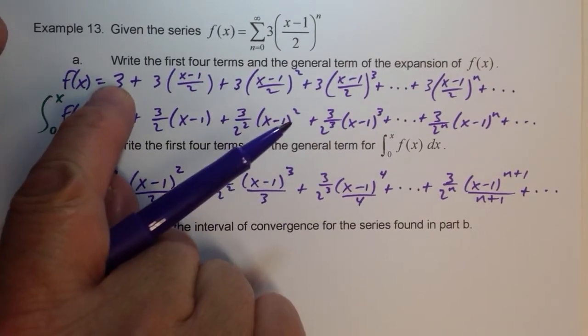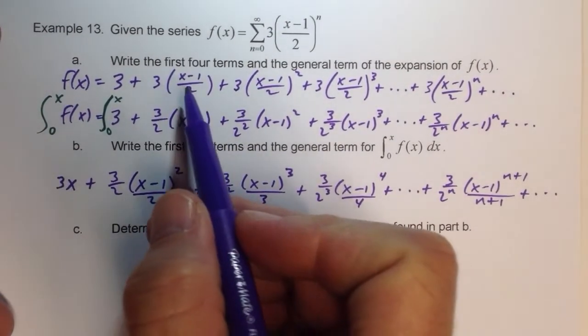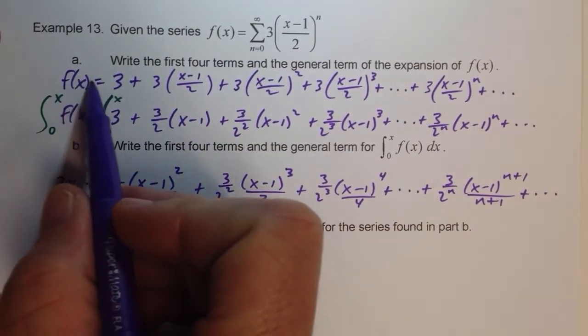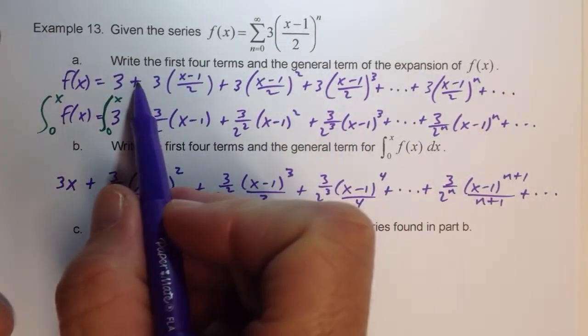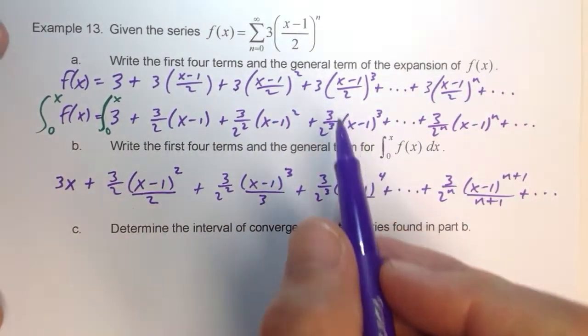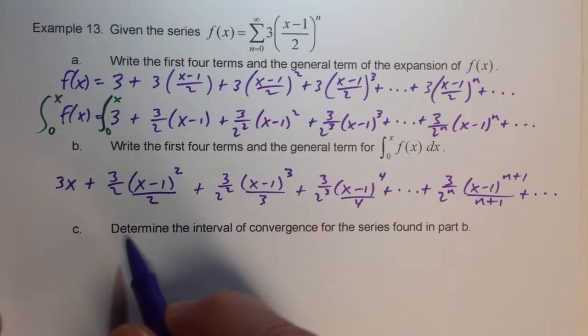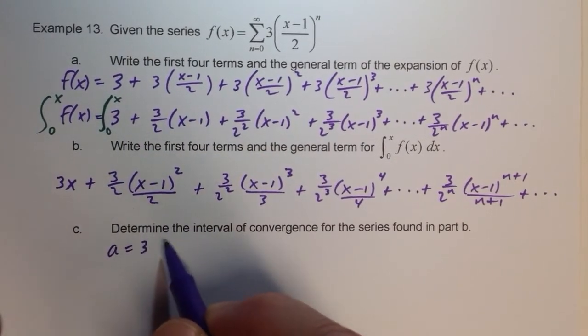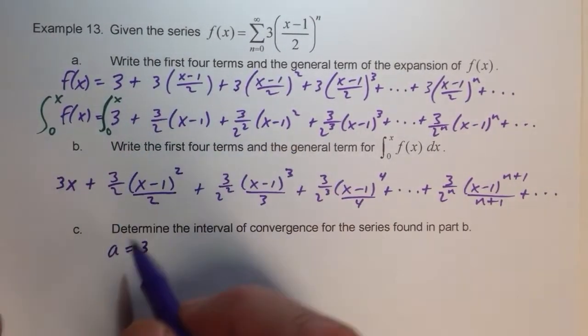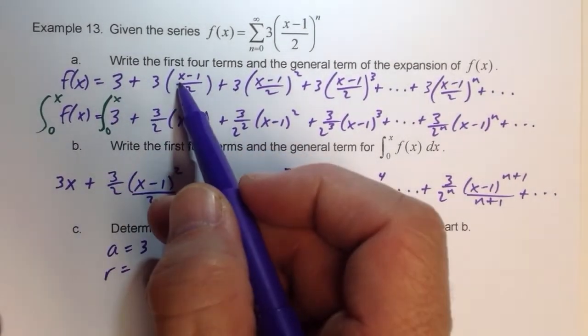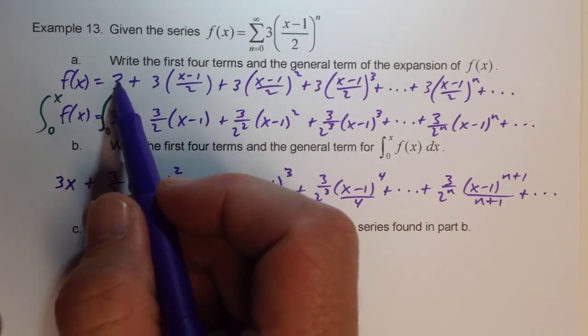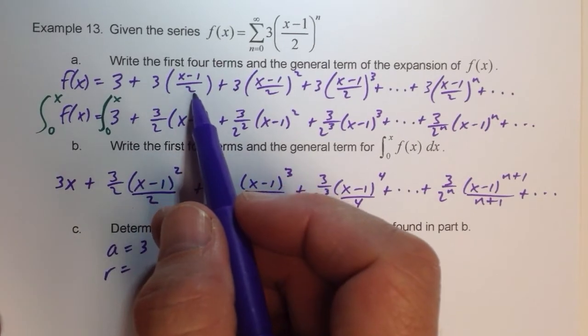If you look at the first one, we can see that this actual series is a geometric series. What do I mean? Well, the first term is 3. And then the common ratio: you're multiplying every term by (x minus 1) over 2.